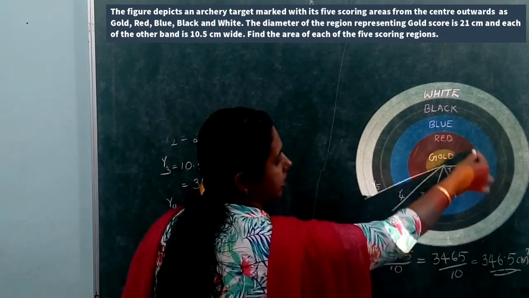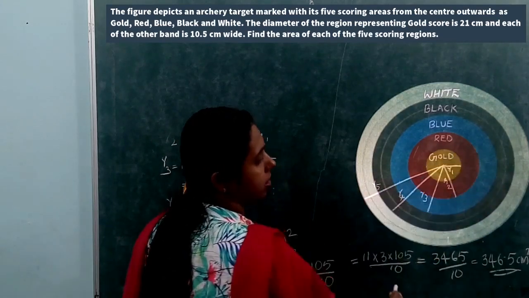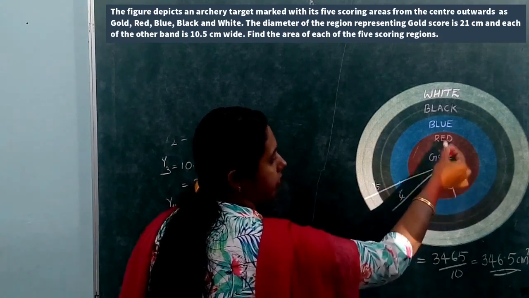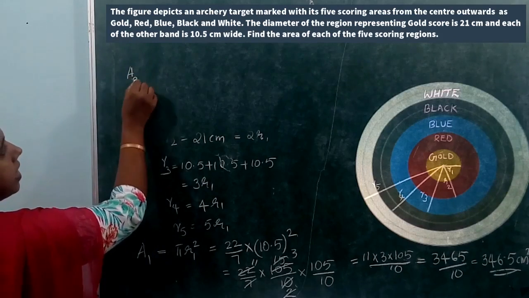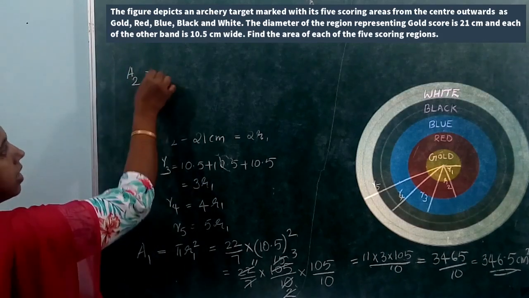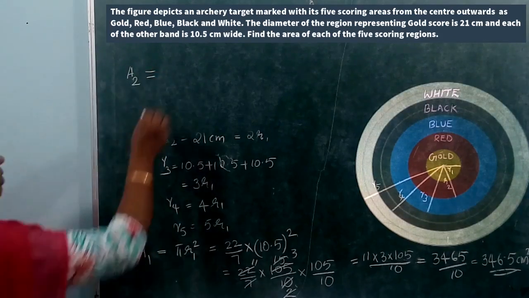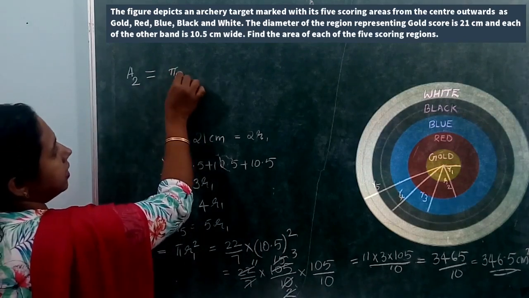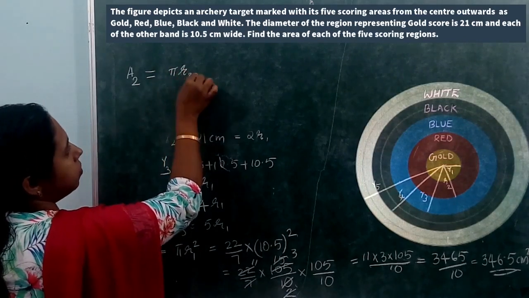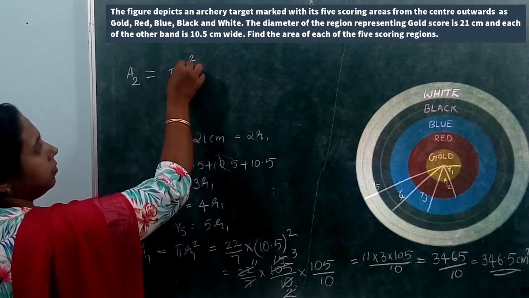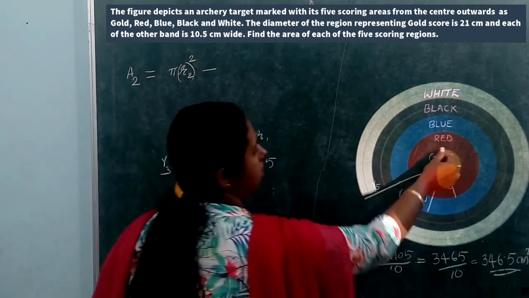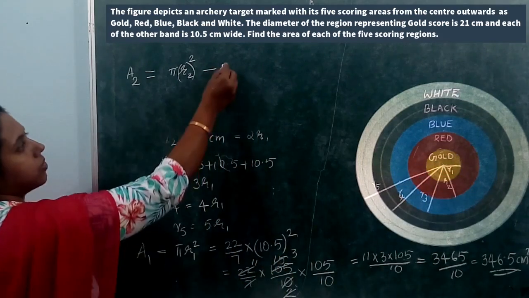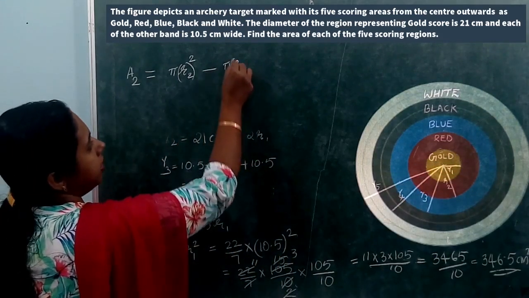So this big circle's area is pi r2 square minus pi r1 square. So area of the red region, we can write it as A2. Area of the red region is equal to area of big circle, that is pi r2 square, minus area of the golden region, so pi r1 square.